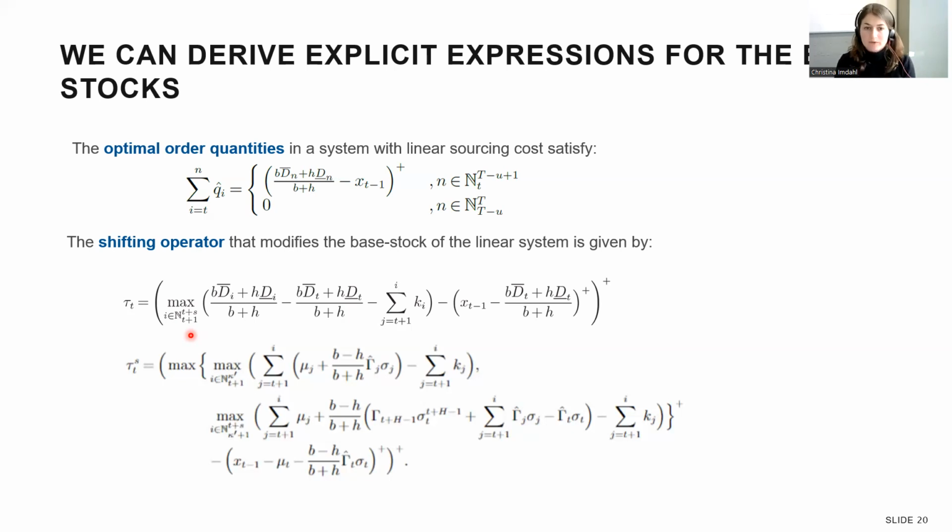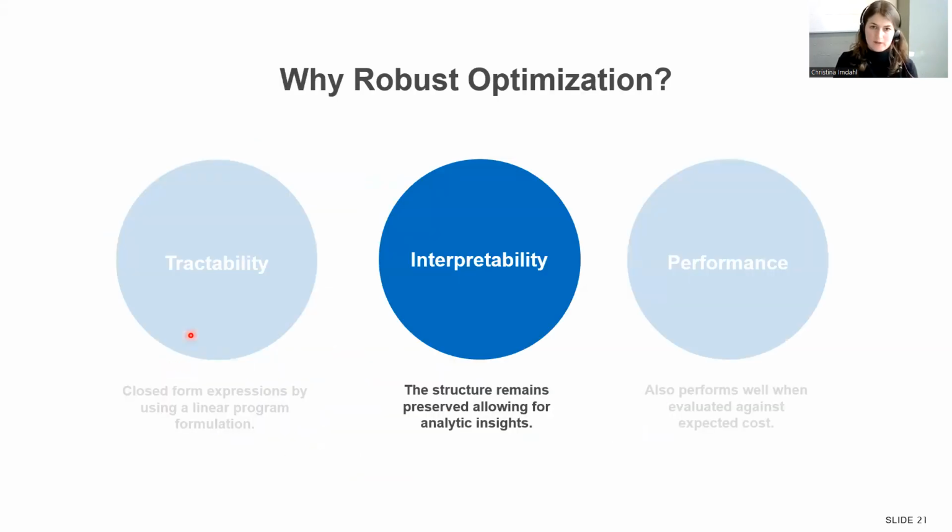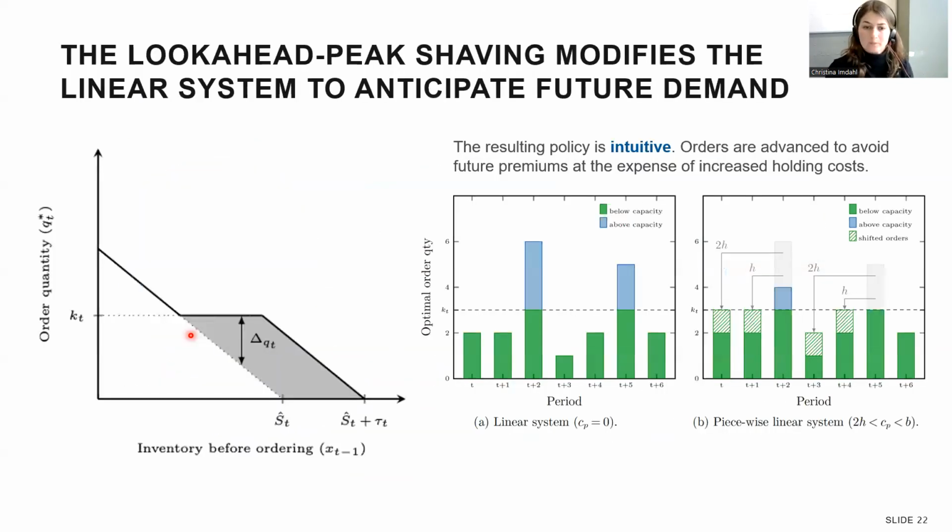These expressions don't necessarily look nice. They are not necessarily easily interpretable. But how it reacts in response to capacity changes is easily interpretable. And that's what I want to show you next.